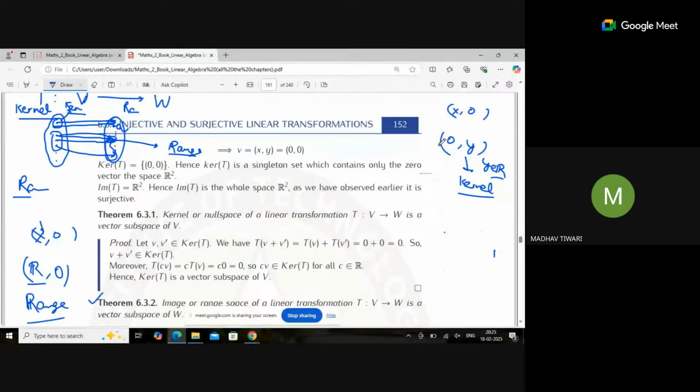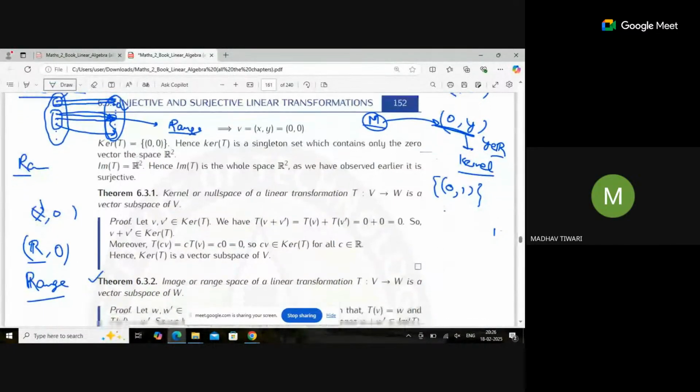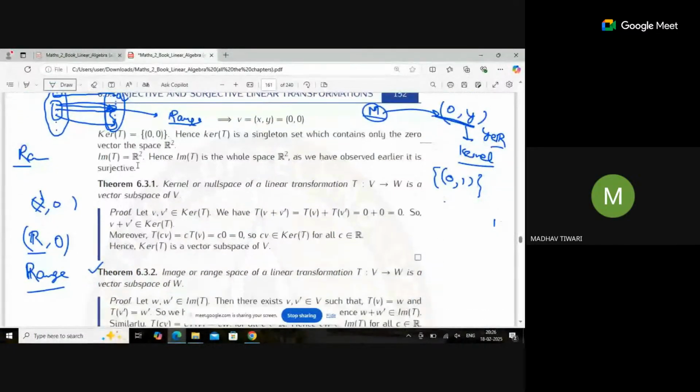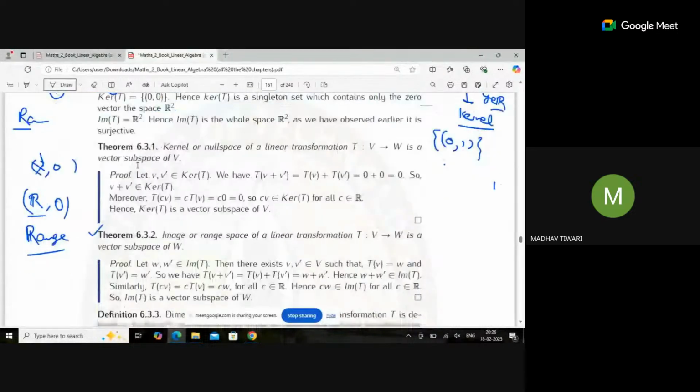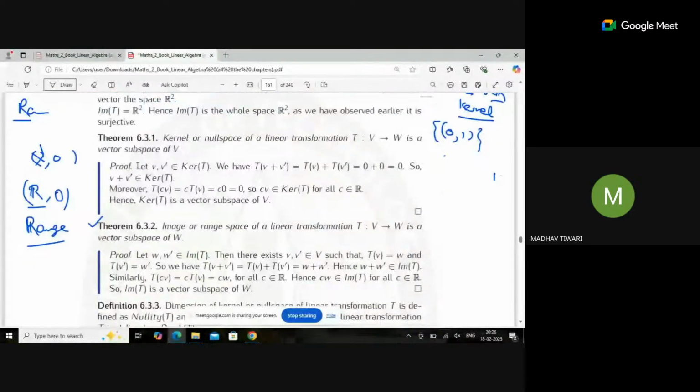It is like what you have solved in your previous cases, the null space when you were considering matrices. Same like that, you can find a basis for this, and the span of the set with 0 comma 1 will be inside the kernel. Basically it is the solution space for the transformation which has image 0. So this is done.